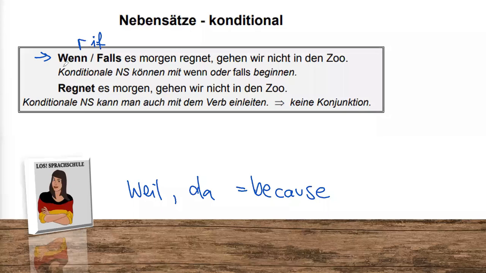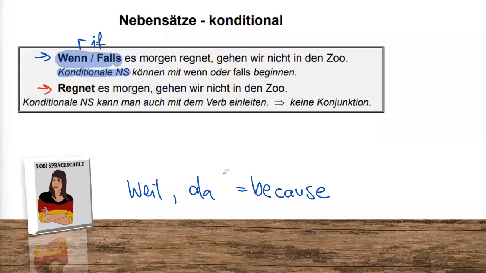The Nebensatz is, of course, the one that gives the condition, and therefore the one that has the connector, the wenn or the falls. Another option to say exactly the same statement is here. Regnet es morgen, gehen wir nicht in den Zoo. So again, if it rains tomorrow, we won't go to the zoo.